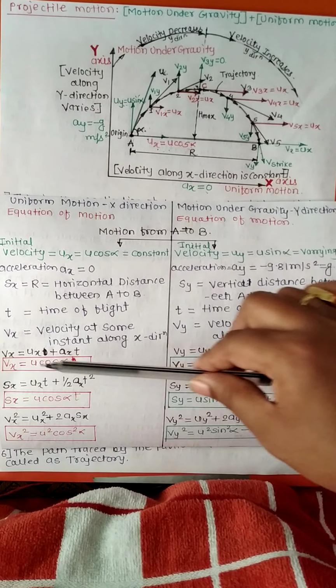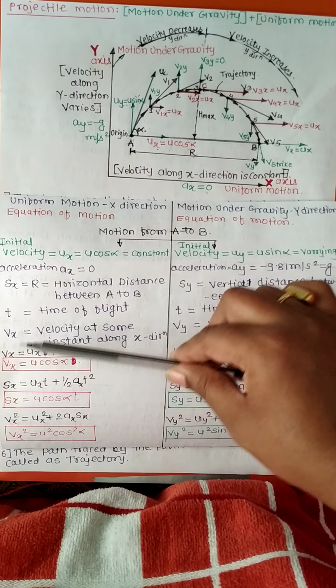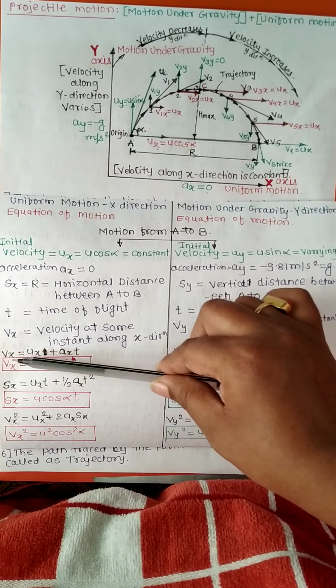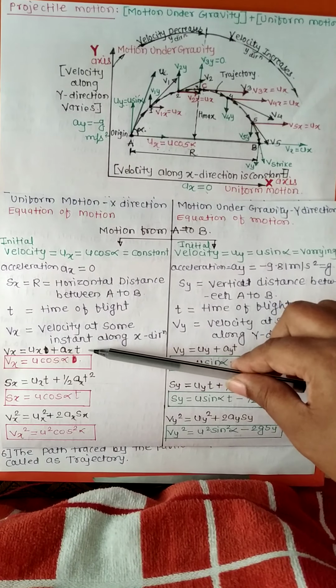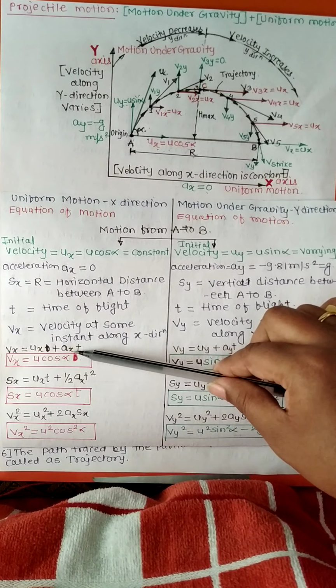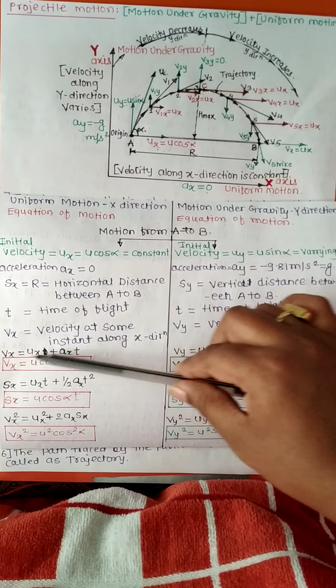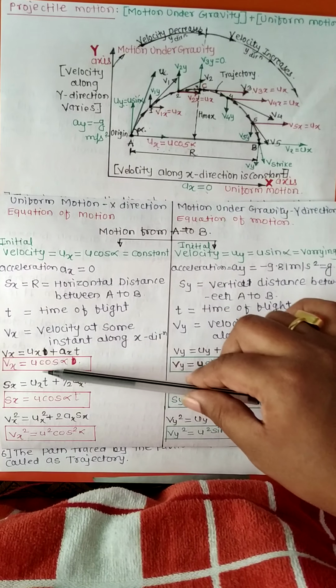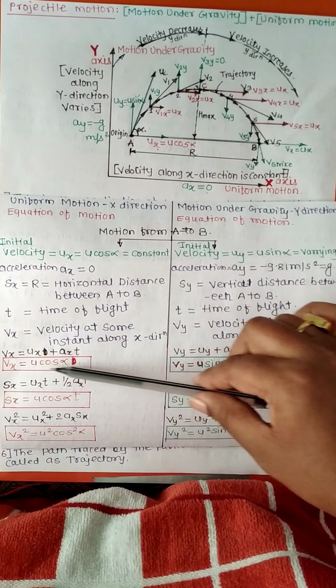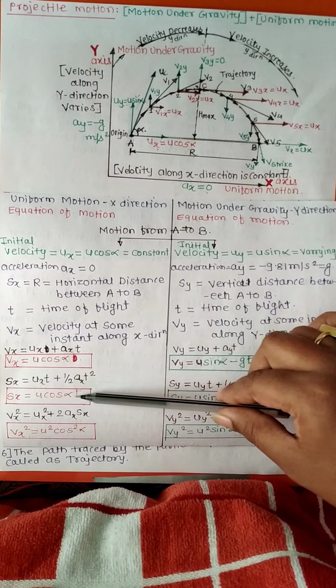The basic equation of velocity is v equals u plus at. As we know that ax is 0, we are substituting ax as 0 and writing ux as u cos alpha. With this, Vx we are getting is u cos alpha.